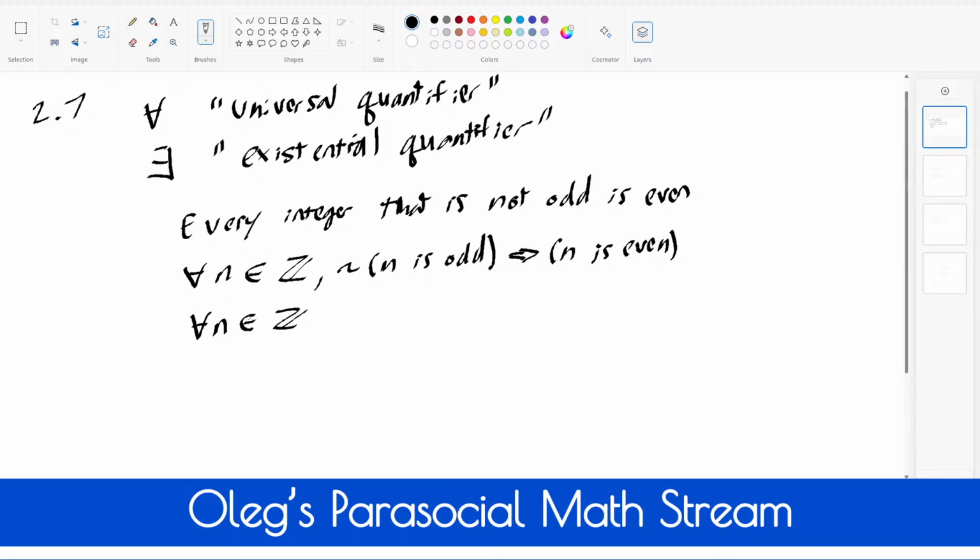Instead of all numbers containing integers, all numbers part of the integer set, we're just going to say all integers, not, in this case, odd, implies even. So this usage, big O and big E for odd and even, I don't know, maybe it was defined somewhere where I missed it. I don't think I had missed it, but let's roll with it.